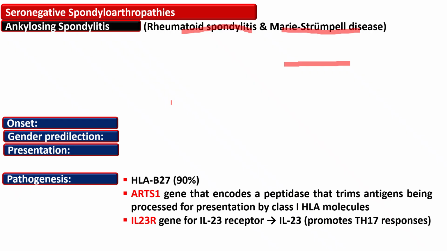The HLA-B27 role is not clear, though it is linked with antigen processing and presentation to trigger the disease. Recently, the ARTS1 gene, which encodes a peptide that trims antigen being processed for presentation by class 1 HLA molecules, has been implicated, and also the interleukin 23 receptor gene, which promotes Th17 responses.